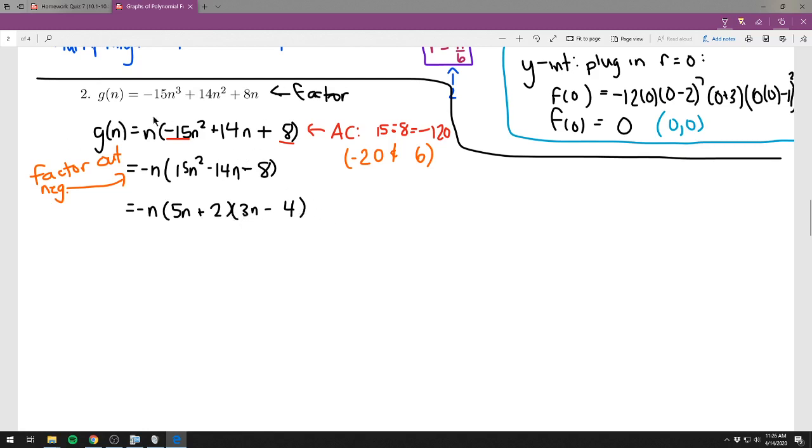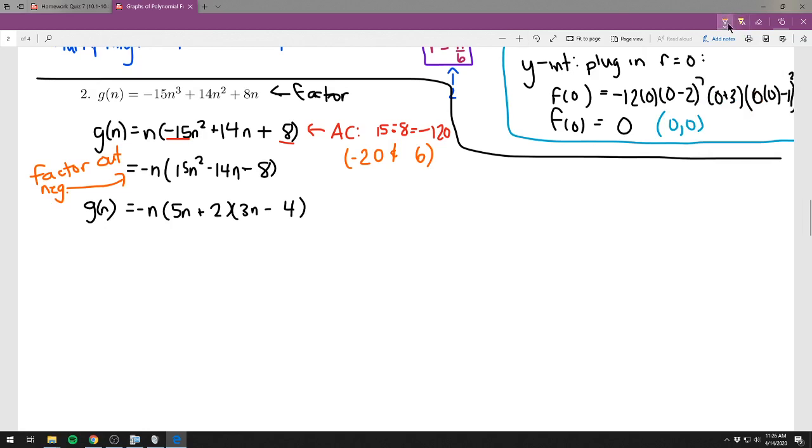If you didn't take the negative out, you'd probably end up missing the negative sign. That's one of the common things when you factor. So that's why I like to just take it out. It's totally up to you, but bare minimum, you got to factor the n out to be able to factor this part.